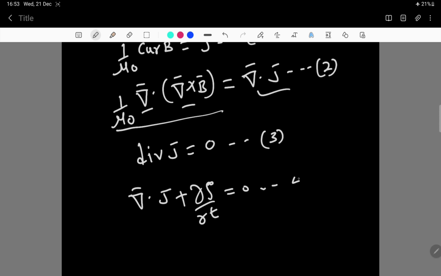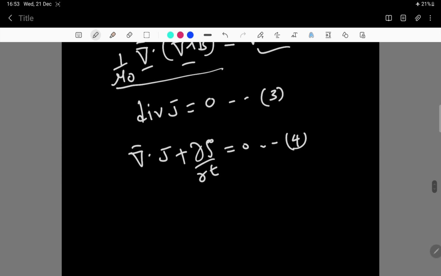Let's call this equation 4. Divergence of J is not always equal to 0 according to this equation of continuity. It is 0 only when partial rho partial t is 0.